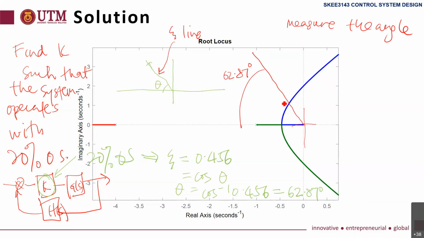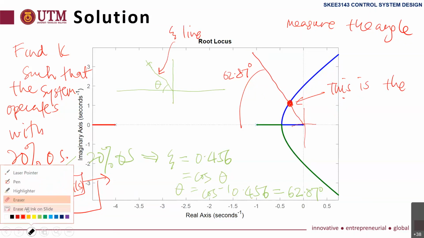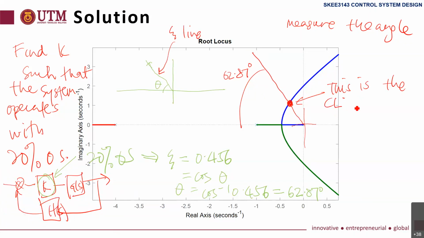So we find 62.87 degrees, and this is the point that we are interested in. This is the closed loop pole that will give overshoot 20%.